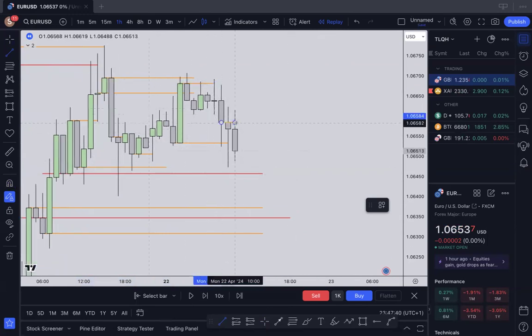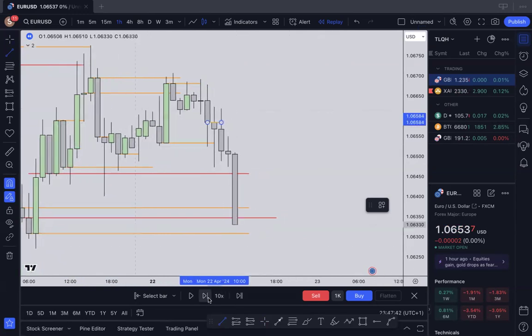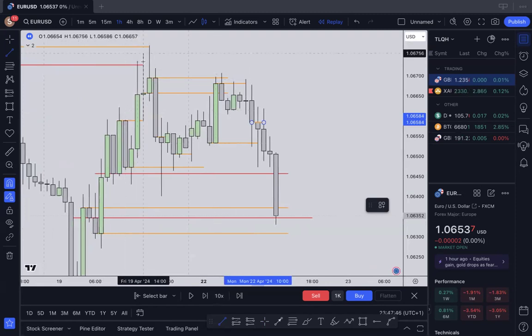Reacting there, and bang, like so. So you can see how this here was our bus stop 1, this here was bus stop 2, and this here is bus stop 3, and we used these levels like buses just to navigate down into there. That's pretty much everything I've got to comment on in this video.